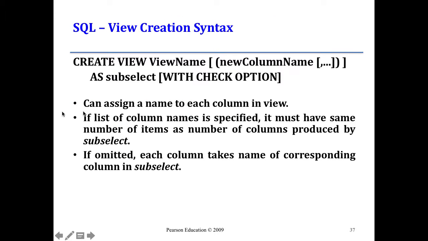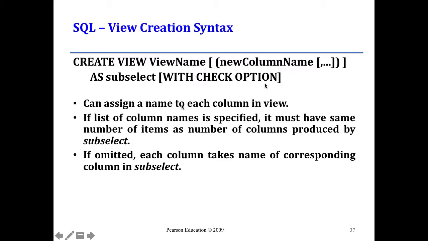This is the general syntax. So you can see create view, view name, and then optionally you can rename the columns. Then the subselect is the defining query. And then this optional with check option has to do with updates.